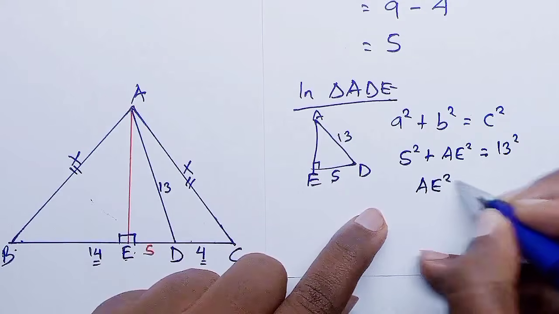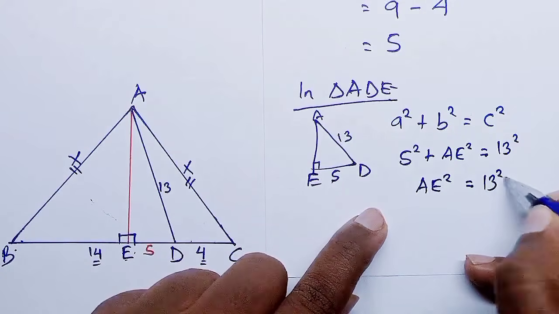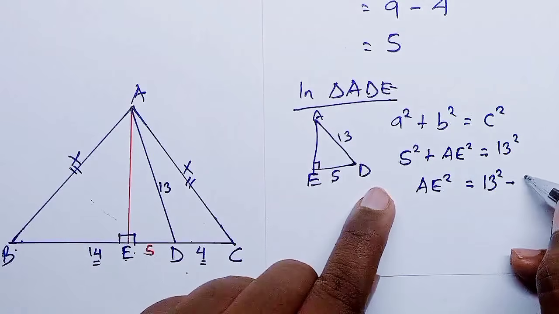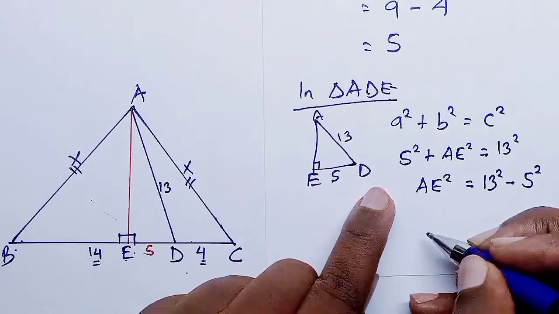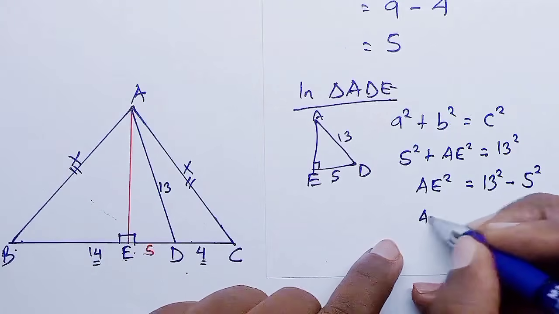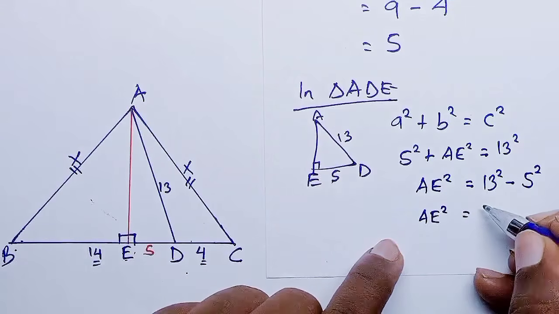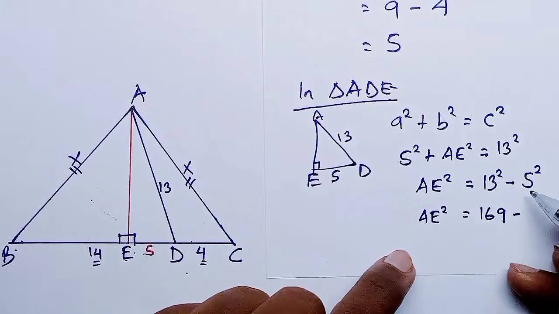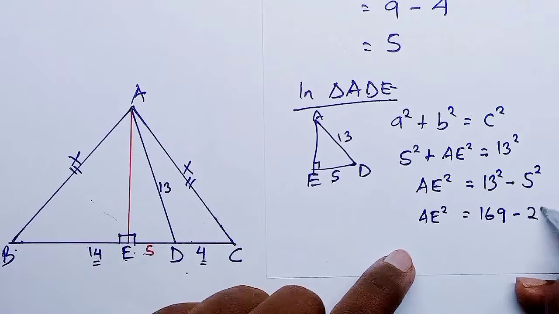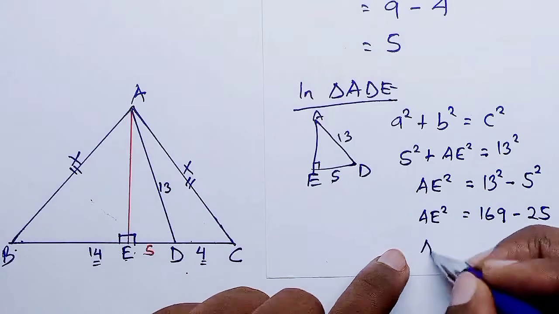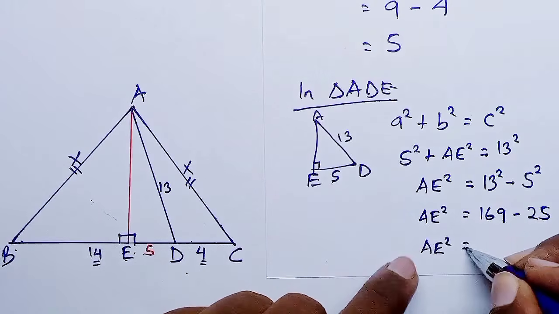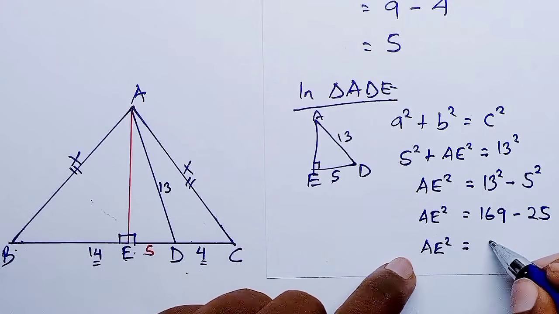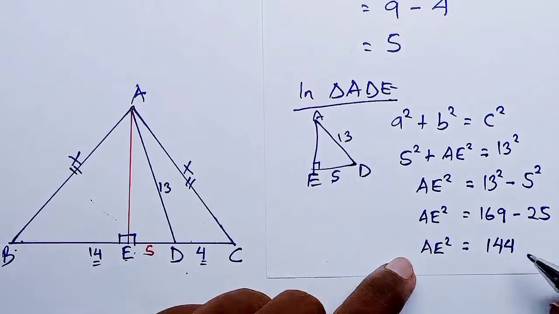Therefore, AE squared will be equal to 13 squared minus, this comes to this side, becomes negative, so minus 5 squared. And therefore, AE squared is equal to 13 squared is 169 minus 5 squared is 25. Therefore, AE squared is equal to 169 minus 25 is equal to 144.